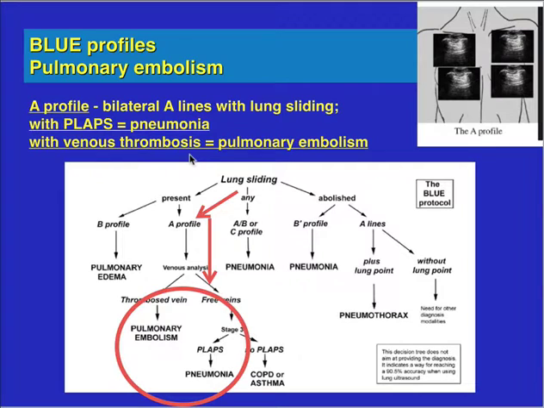If you see a DVT in the lower extremity with A lines everywhere, and the patient is hypoxic and in respiratory failure, remember I'm talking about respiratory failure patients who are on non-invasive ventilation or recently intubated, then pulmonary embolism may be the cause. Refer back to the DVT lecture to see how to adequately do that. If you have a pneumonia, then you have a pneumonia as the cause.